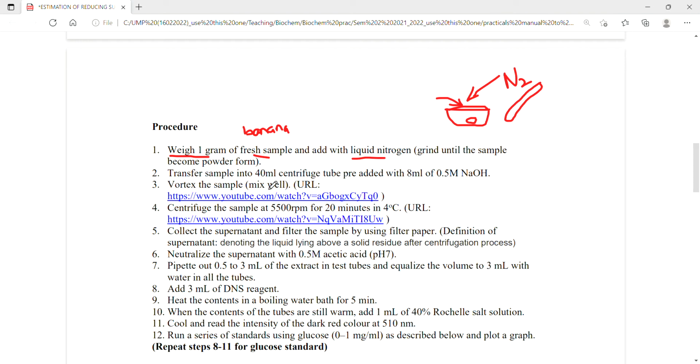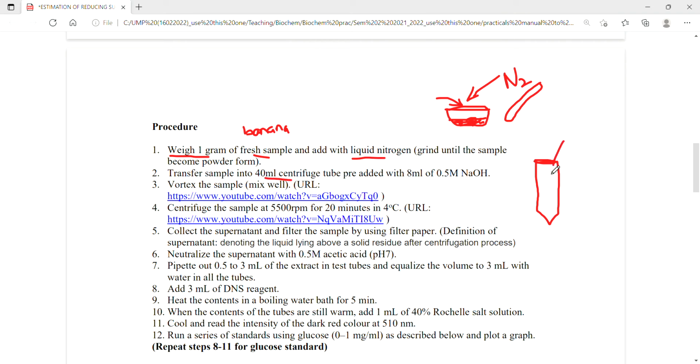Next, you transfer it. Hopefully it's in a semi-solid form already, a viscous solution. You transfer it now to a centrifuge tube, normally. This is a 40 ml centrifuge tube.